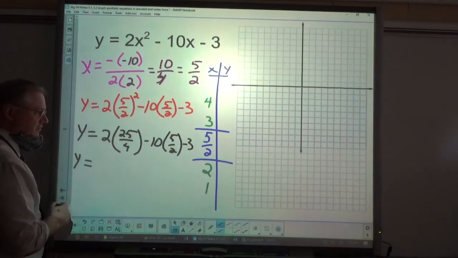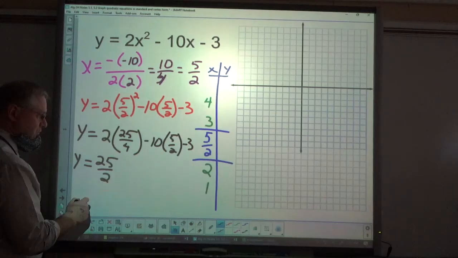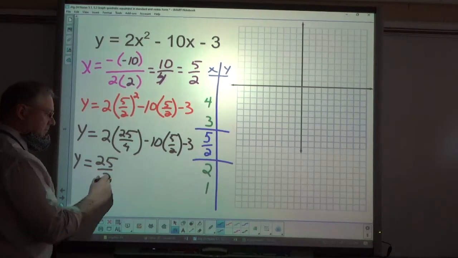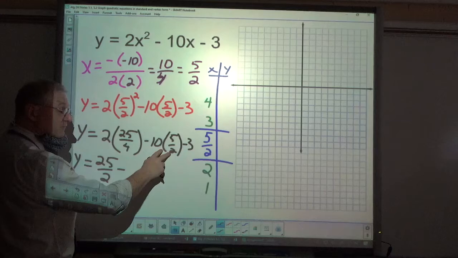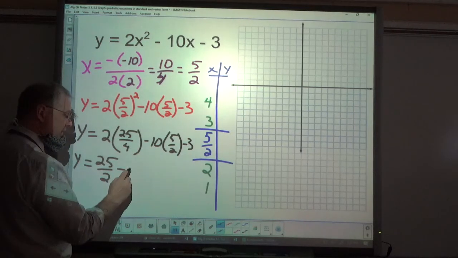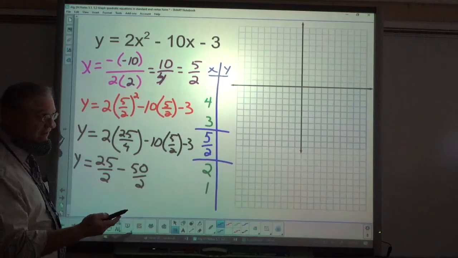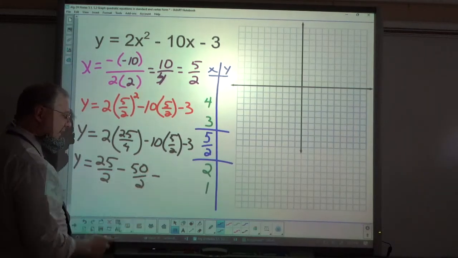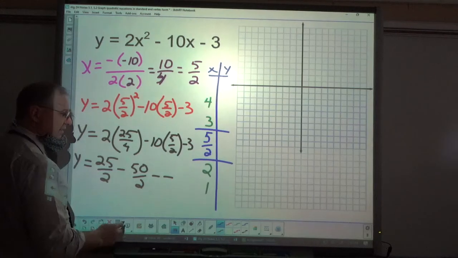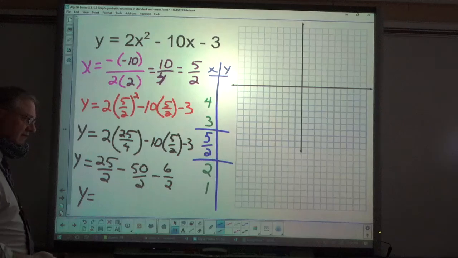These are going to reduce to 25 over 2 minus, I'm going to leave that over 2 for now, just so that I can combine like terms. This would be a minus 50 over 2. I know that's 25. And then I'm going to make that into over 2, 6 over 2. Now it makes it a little easier for me to combine these up.